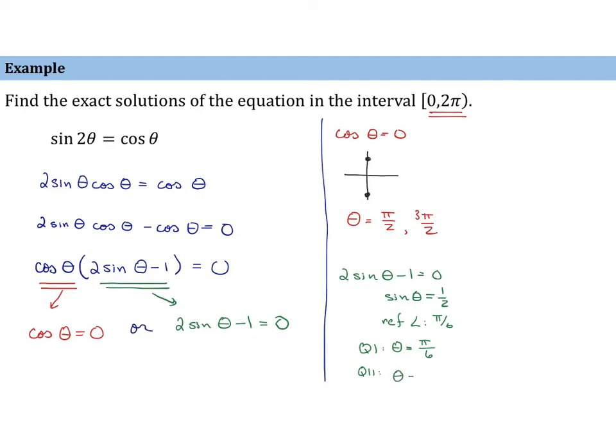And then quadrant 2, pi over 6 would yield 5 pi over 6 plus 2 pi n, but again we don't have to worry about the plus 2 pi n. So finally we have pi over 2, 3 pi over 2, pi over 6, and 5 pi over 6 as our solutions within the interval.